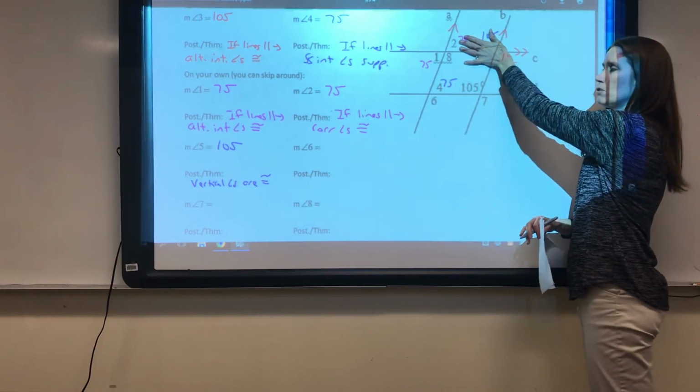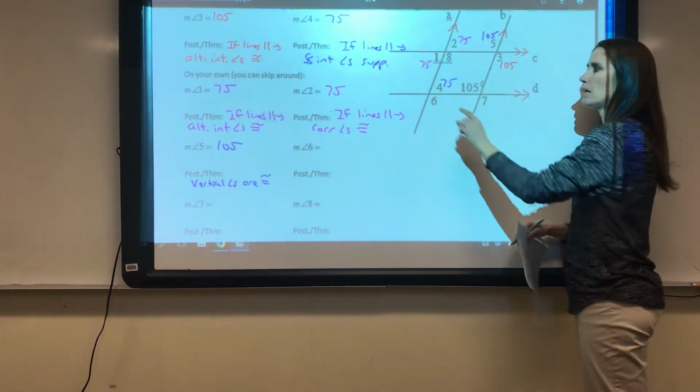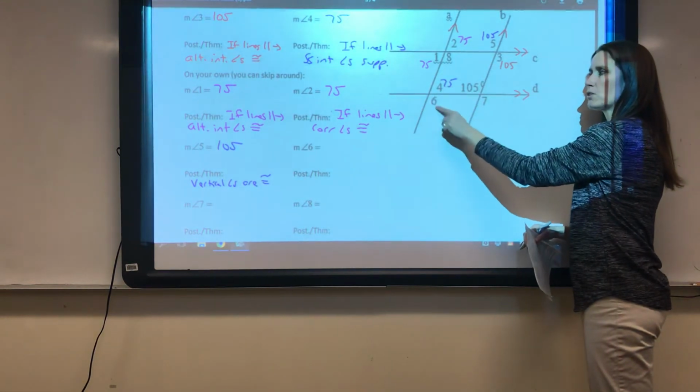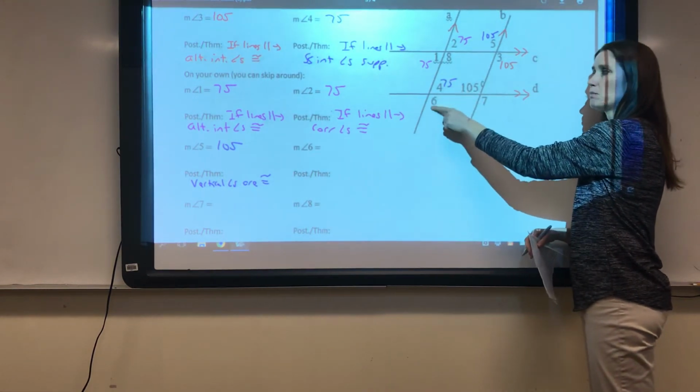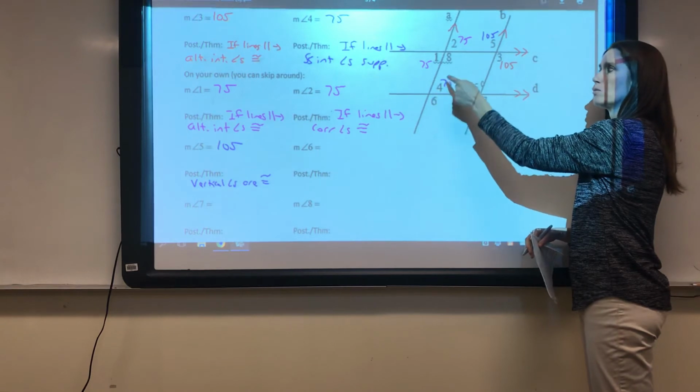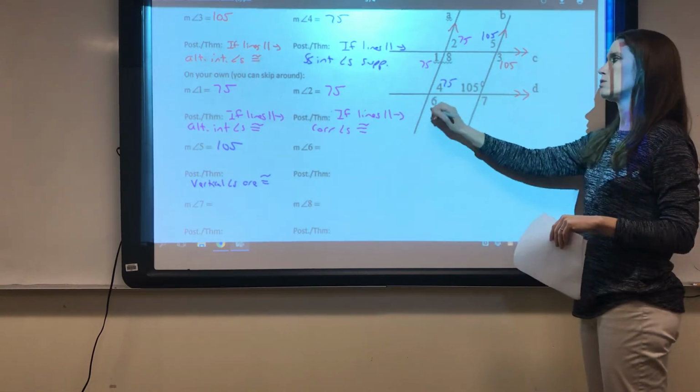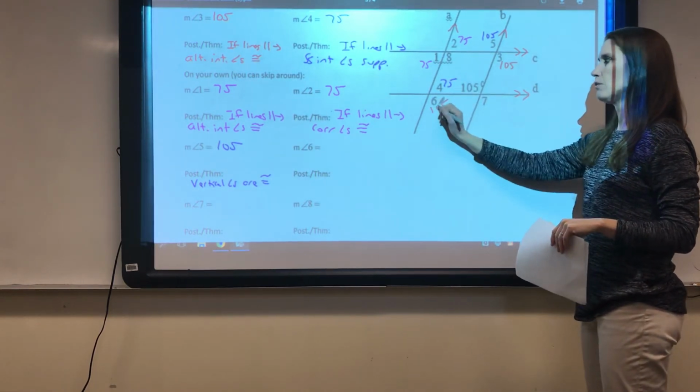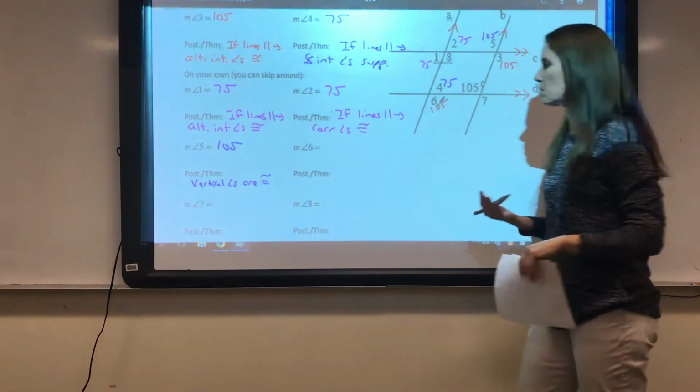But one we haven't used yet that we learned earlier in the year is a linear pair. I know that these two angles are forming a straight line together, so they must add up to 180. So therefore 6 is 180 minus 75, which is 105. So again, stuff we learned earlier in the year is fair game as well.